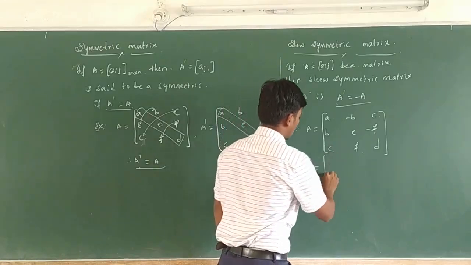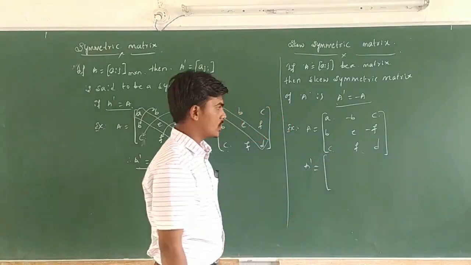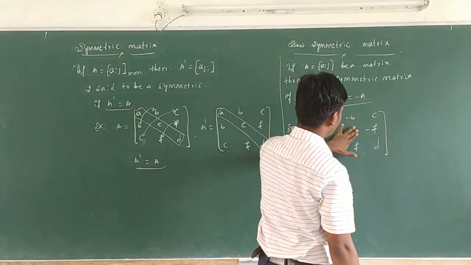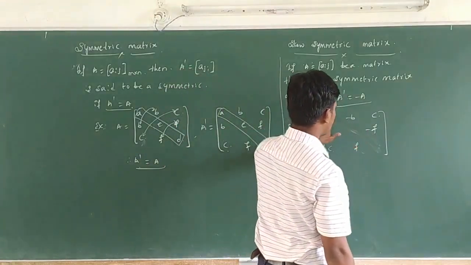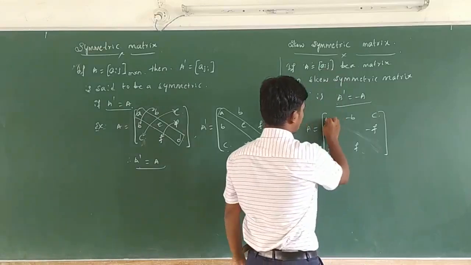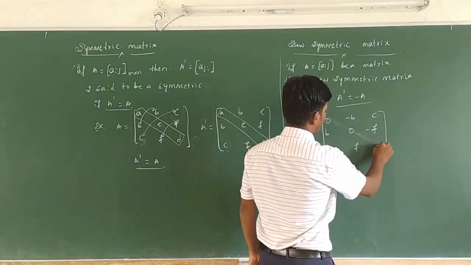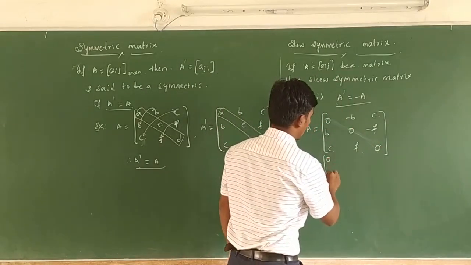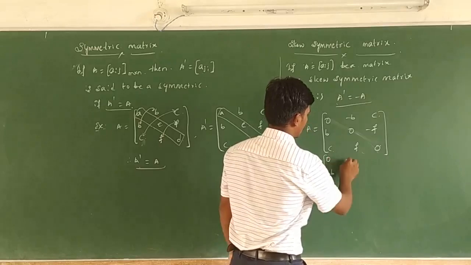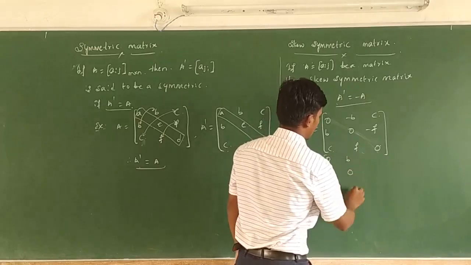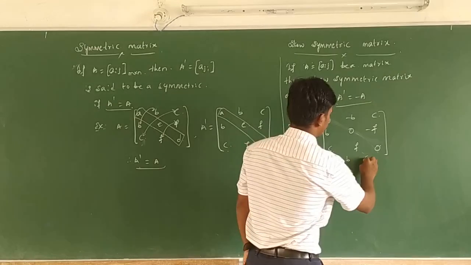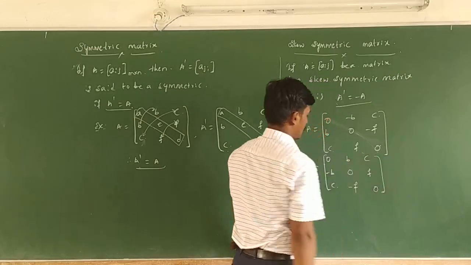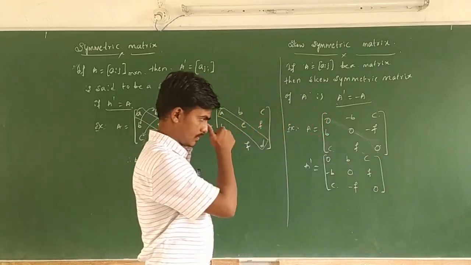A transpose is the same interchange of rows into columns, but the small change is in the diagonal. In a skew symmetric matrix, all the diagonal elements are zero. Here, interchanging rows and columns: 0 minus B minus C, B 0 minus F, C F 0.